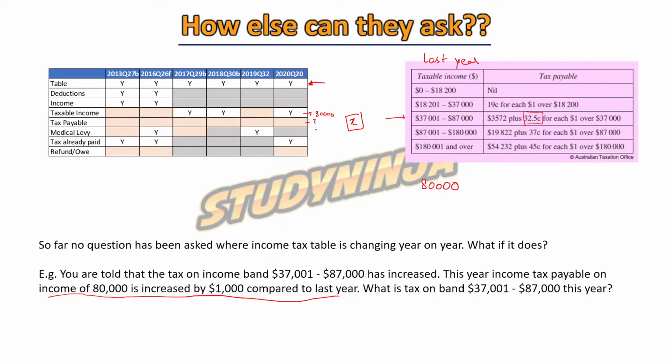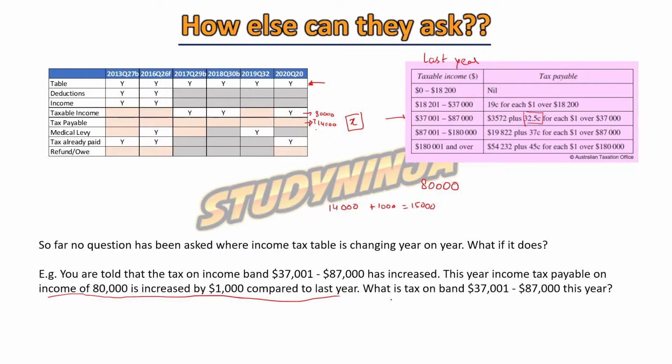Let's say that number is, I'm just making up the number, okay, 14,000. Then you're told that this year, because of the increase in this band, this tax payable, this 14,000, has gone up by 1,000. So what you know is that this year the tax is 15,000.